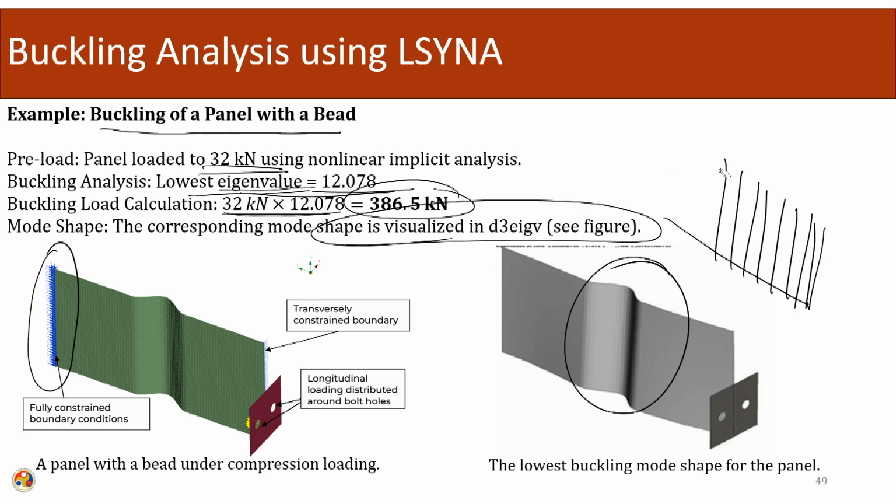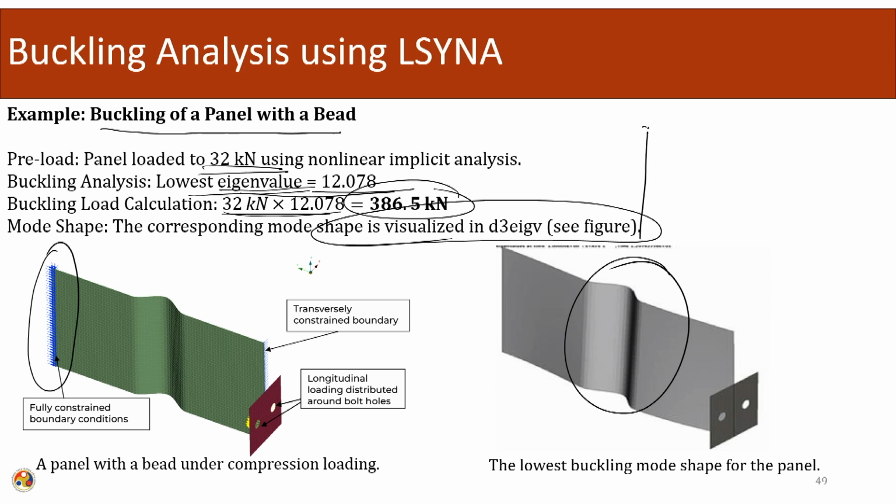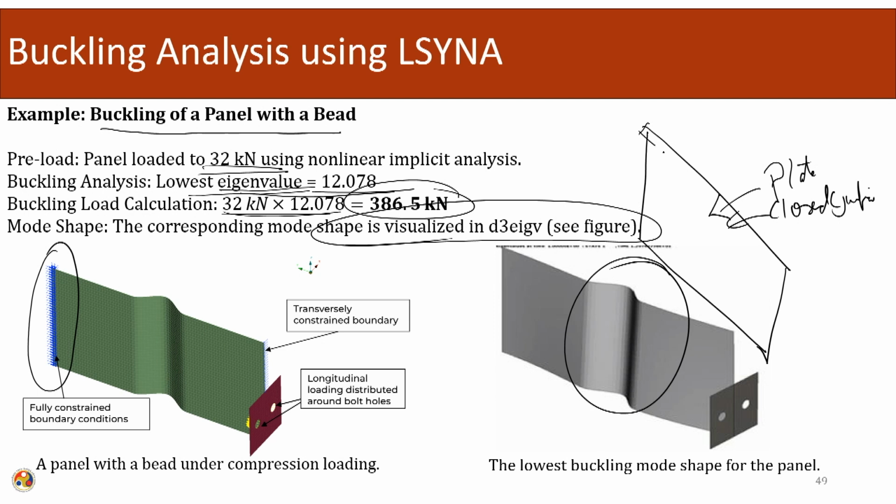In starting of the problem, we will take any software, LS-DYNA or any other software, and make these 4 lines. We will join these 4 lines and say that this has become a plate, or a closed surface, with these 4 boundaries.